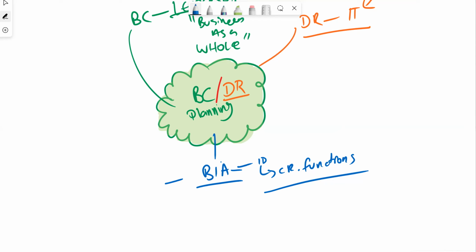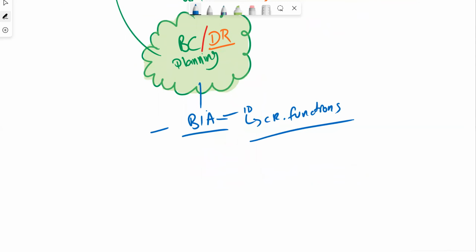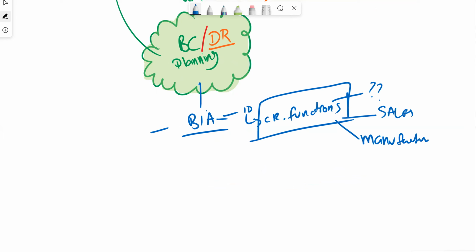Then from there, we need to identify what IT systems are used to support those functions. The first part is defining our critical functions. So what exists within the business? Is it a sales platform? Is it manufacturing?